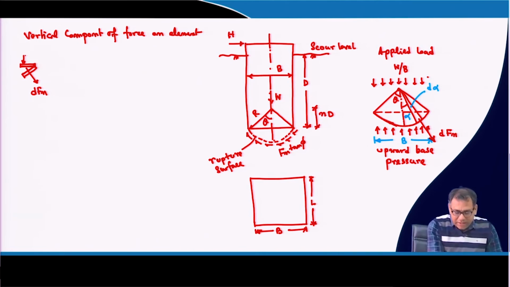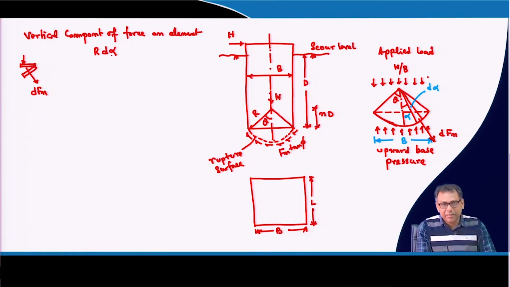So, the total forces will be, this is R and d alpha. That is the element. What will be that element length? R is the radius and the angle is d alpha.